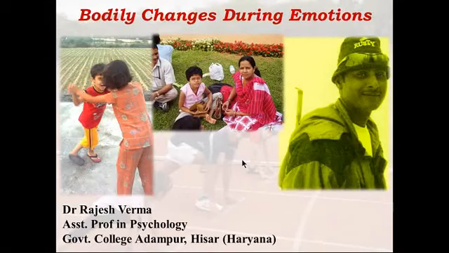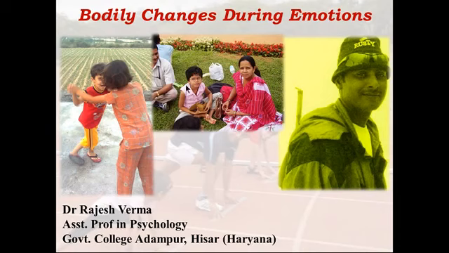See, these are three images in front of you, which clearly depict, through facial expressions, which type of emotions these individuals are experiencing. These two children are struggling with each other. There's a family sitting with their one child, and there's an individual smiling, and the smile is with closed lips.